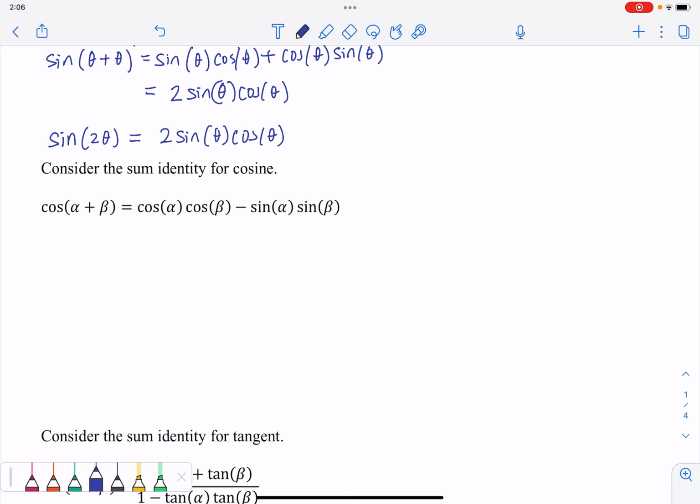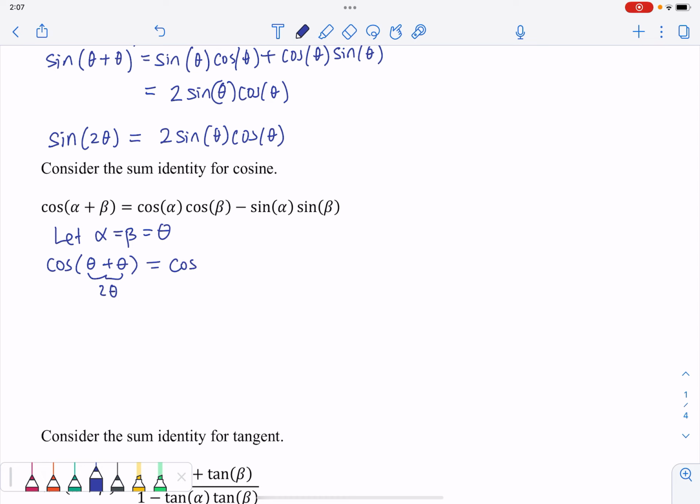So consider the sum identity for cosine. And now we're going to use that to find cosine of 2 theta. We'll take the same approach. We're going to let alpha and beta both equal some angle theta. That will give me cosine of theta plus theta, right? And cosine of theta plus theta, we know that this is really just cosine of 2 theta. All right, and then what does the right side become?